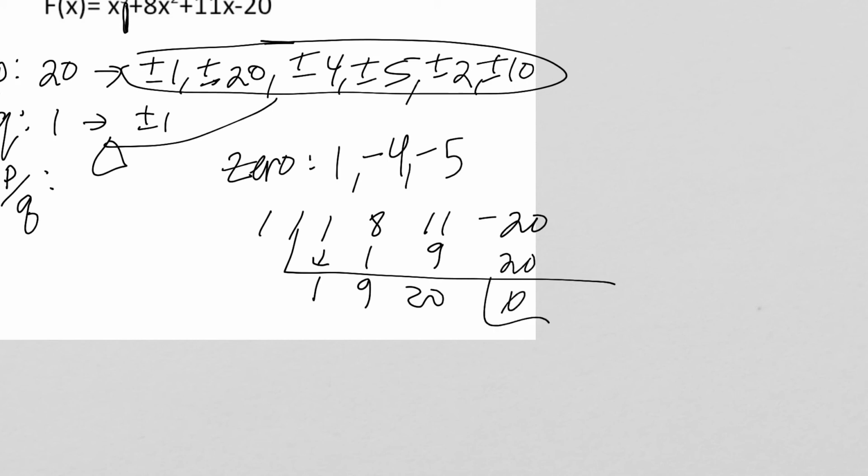And 0 is the remainder there. So 1 does work as a zero because I got a remainder of 0. So what's left here? We go 1 less, so this is going to be x squared plus 9x plus 20. So x minus 1 is one of the zeros that works, right? And then how are they getting negative 4, negative 5?